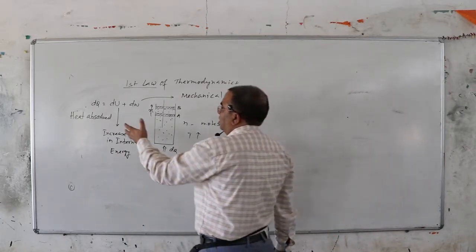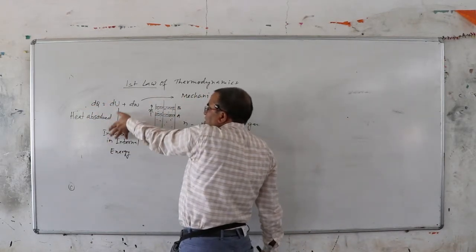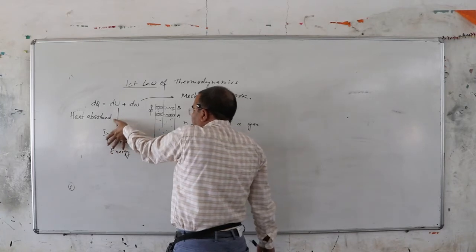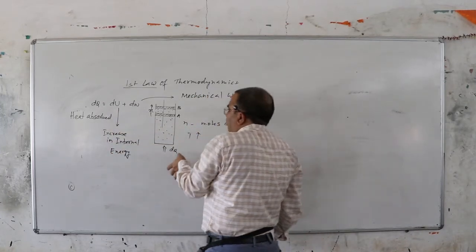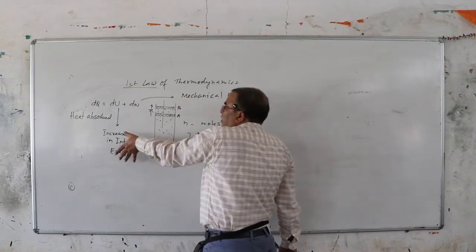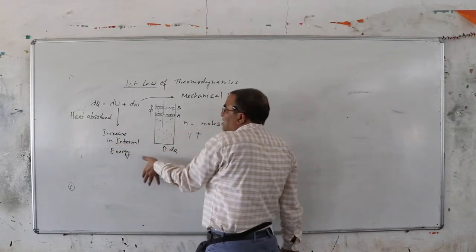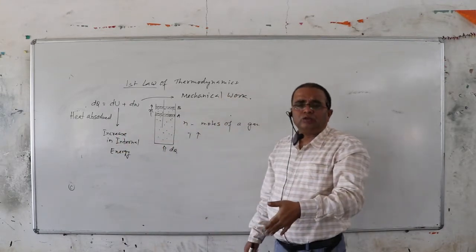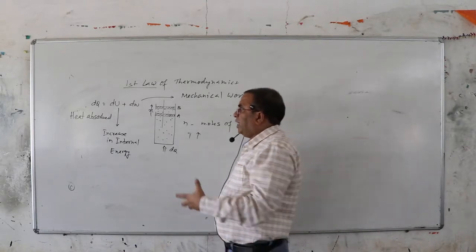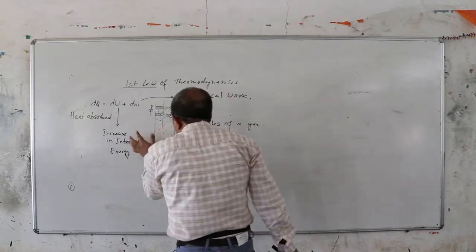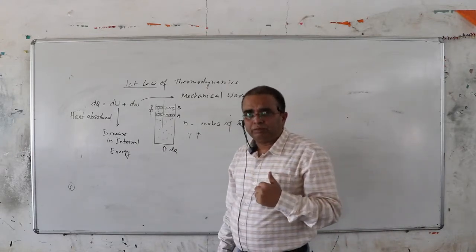One, it reflects in the rise of temperature, meaning T is increasing, or we have delta T or dT. So it is a rising internal energy, meaning the molecules or atoms have become more energetic, and they are more frequently colliding with the walls of the container as well as the piston.